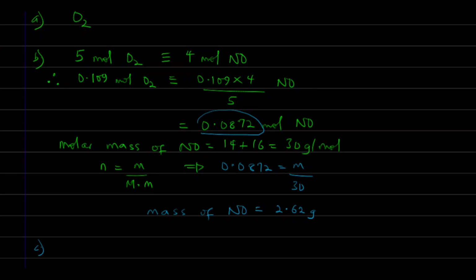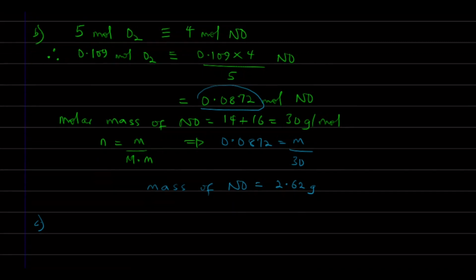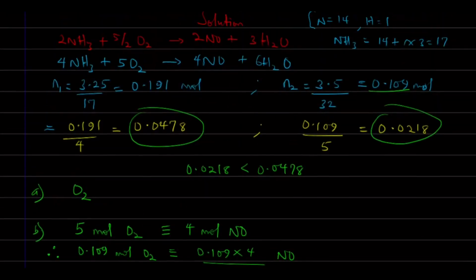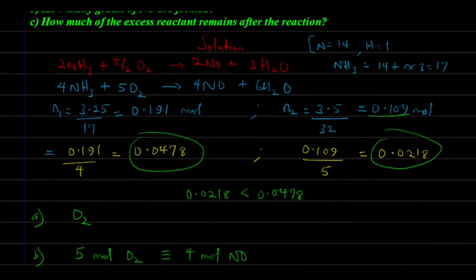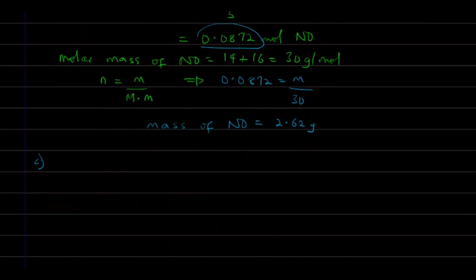Since the limiting reagent is the one that is used in calculating the parameters related to other things we have to solve for, the next thing is that we need to compare the limiting reagent with the one that is in excess. According to the balanced stoichiometric reaction, 5 moles of oxygen reacted with 4 moles of NH3, which is ammonia. So we say 5 moles of O2 reacted with 4 moles of NH3.